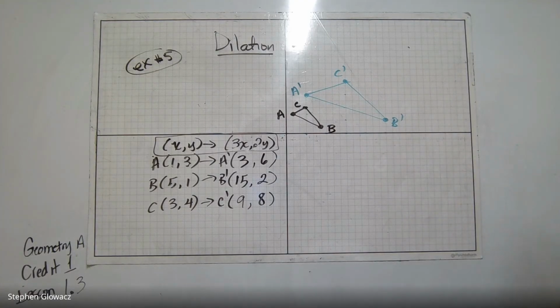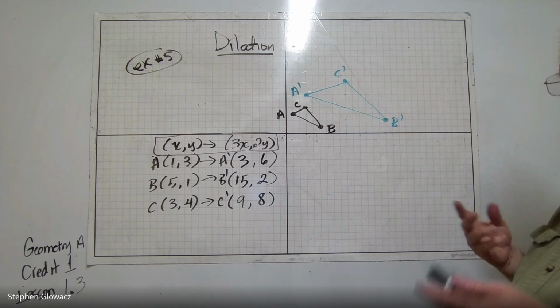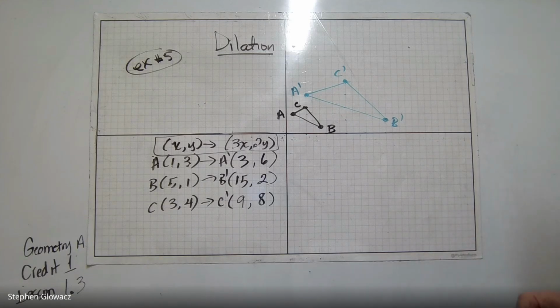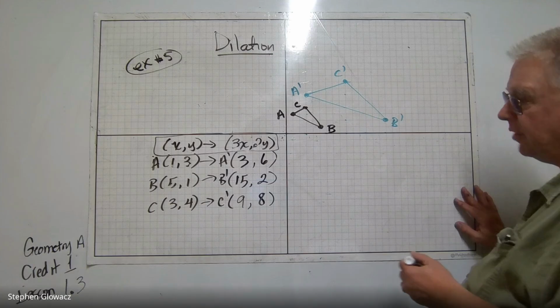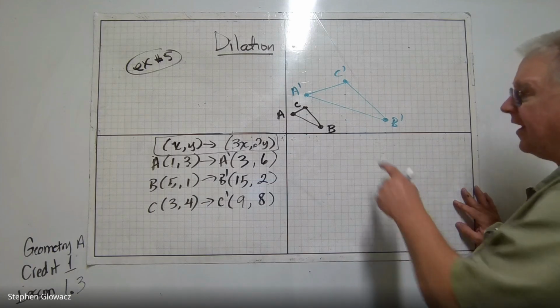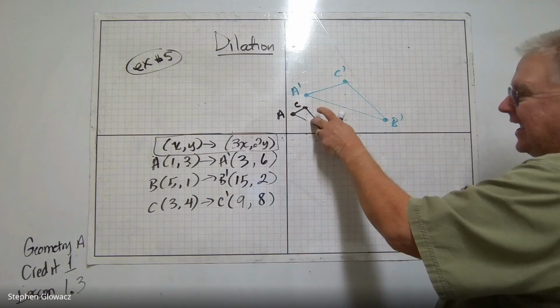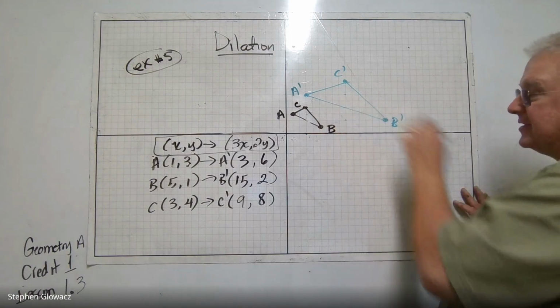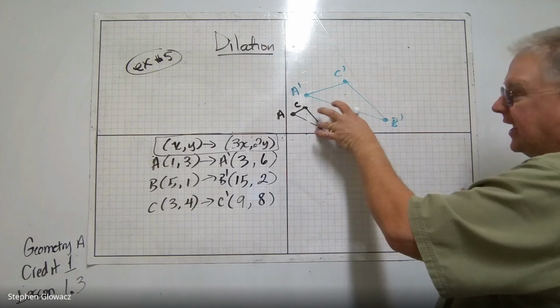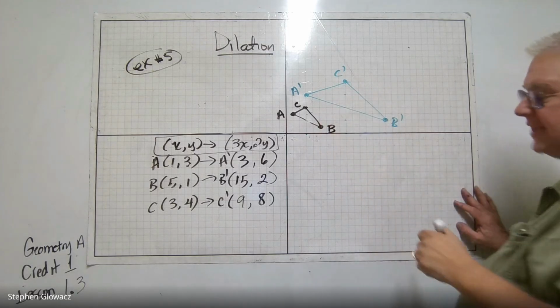Now, one other question that they're going to ask you there is it says the resulting image is a rigid or non-rigid motion. Well, it's only a rigid motion if the two figures are the same size and the same shape. Well, they are the same shape, but they're not the same size.